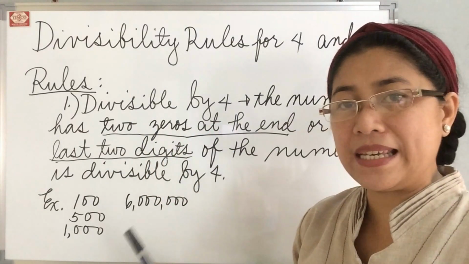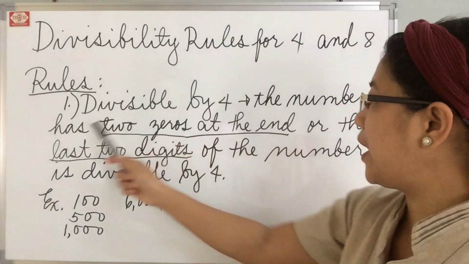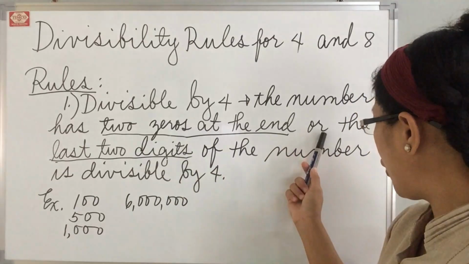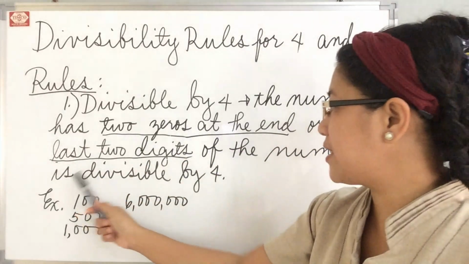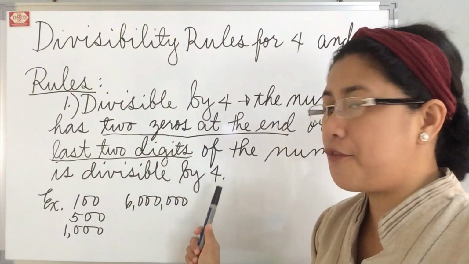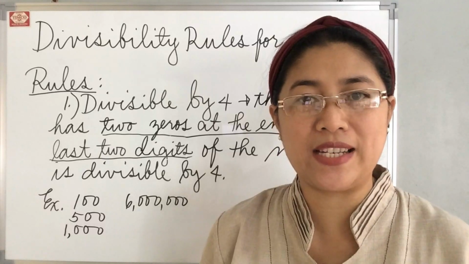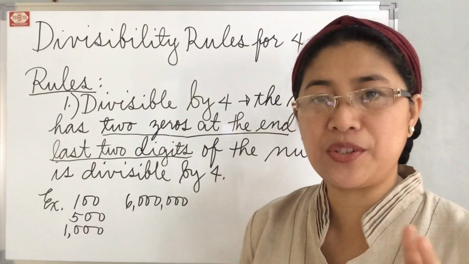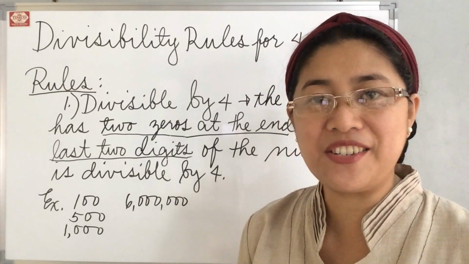A number is divisible by 4 if the number has 2 zeros at the end, or the last 2 digits of the number is divisible by 4. So remember only 2 things. First one is if a number ends with 2 zeros, or the last 2 digits of a number are zeros.